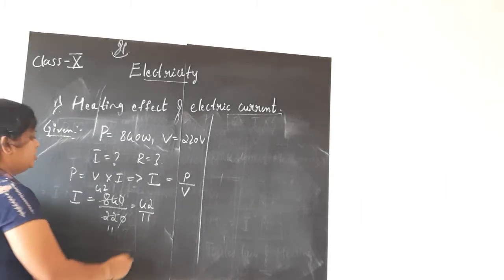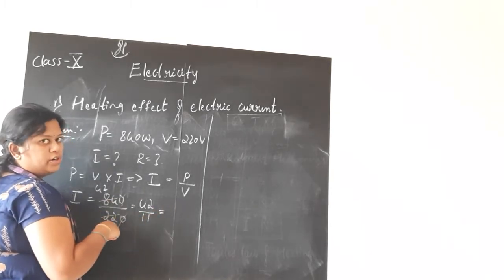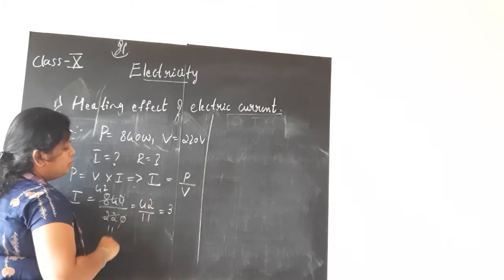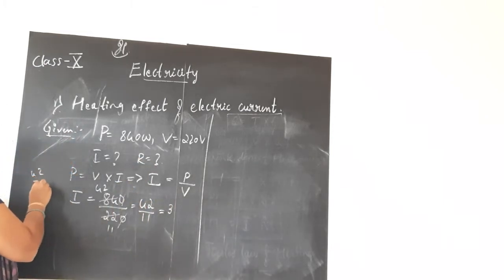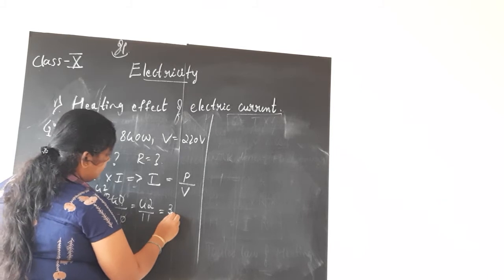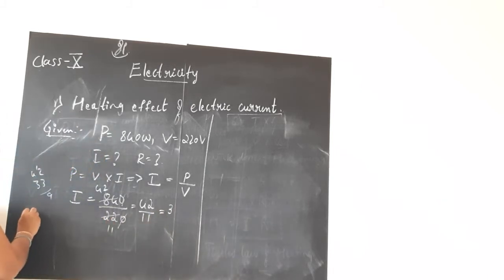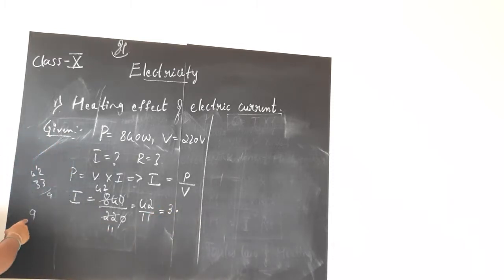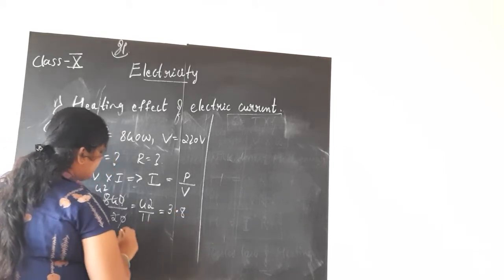If you divide 42 by 11, how much will you get, children? 11 fours are 44, so we should go for 11 threes are 33. How much is 42 minus 33? The difference is 9. 9 cannot be divided, so put a decimal point and take 0, now I have 90. 11 eights are 88.